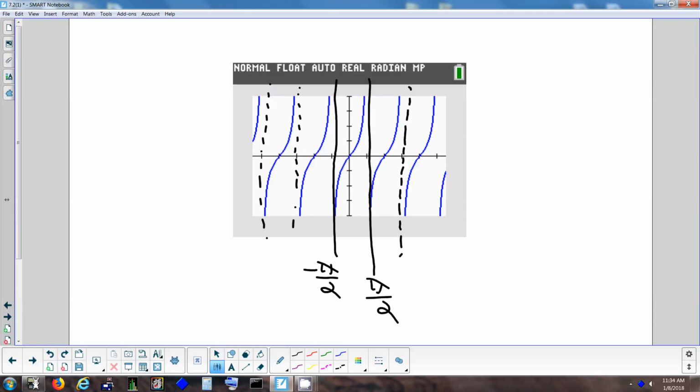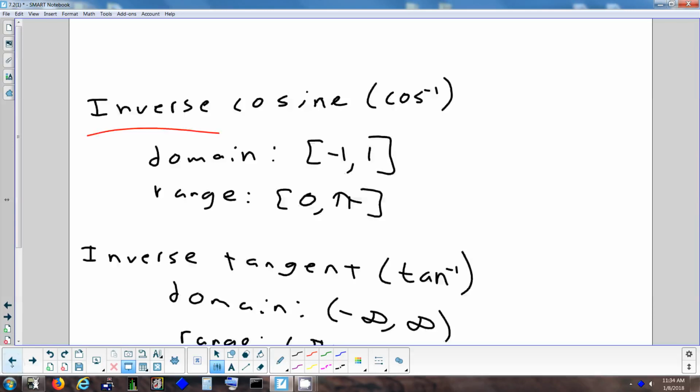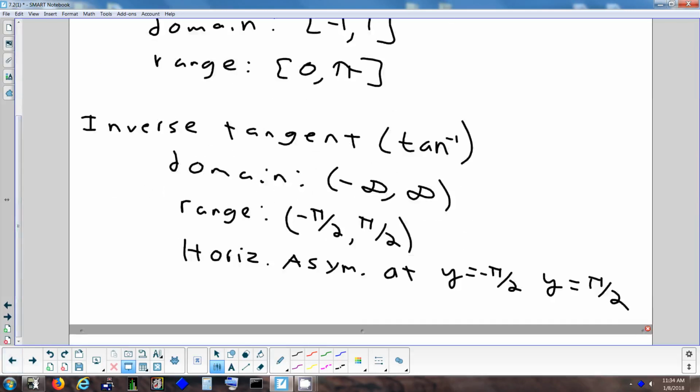Well, if the asymptotes are vertical in the original, and everything changes for the inverse, all the things that are vertical become horizontal, all the horizontals become vertical, what ends up happening in the inverse is instead of those asymptotes being vertical, now they're horizontal. So inverse tangent would kind of look something like this.